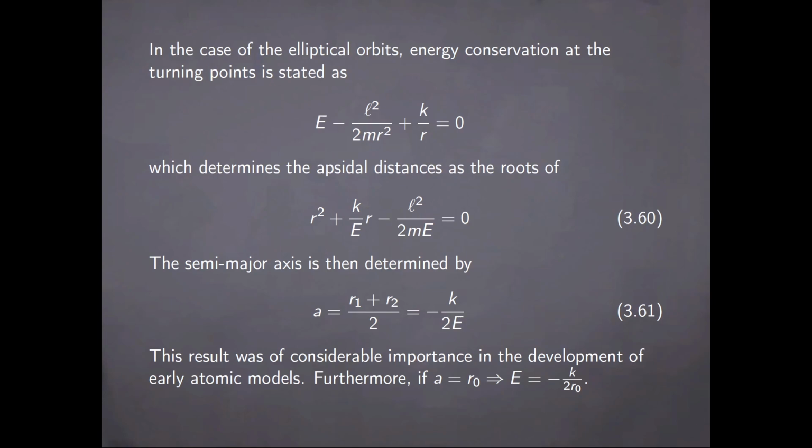In the case of elliptical orbits, energy conservation at the turning points is stated as given here, and so essentially I've written the energy conservation for the case of vanishing radial motion, vanishing radial velocity.